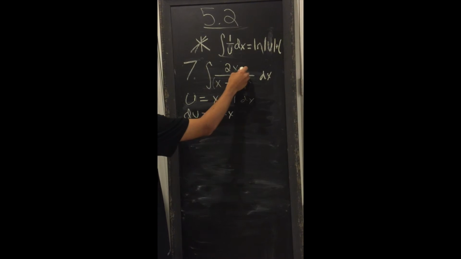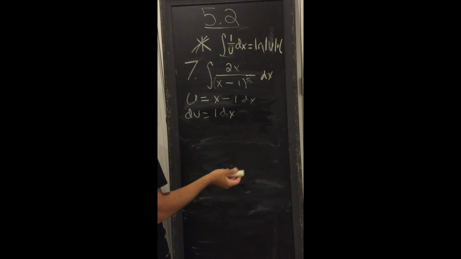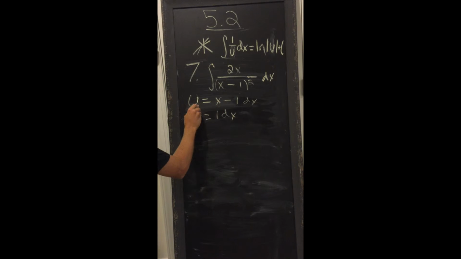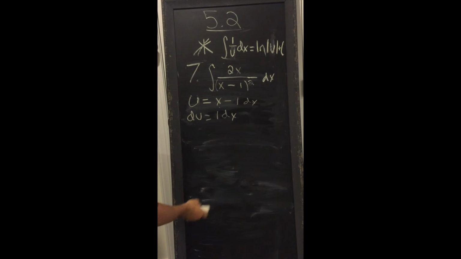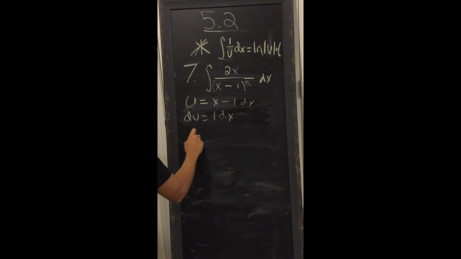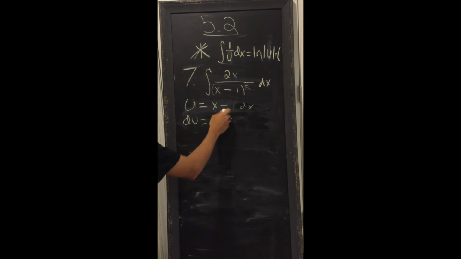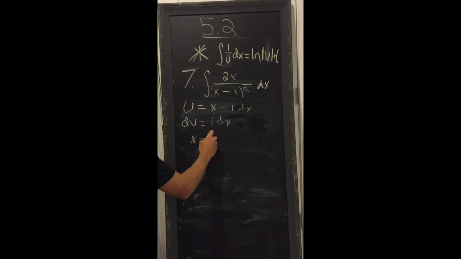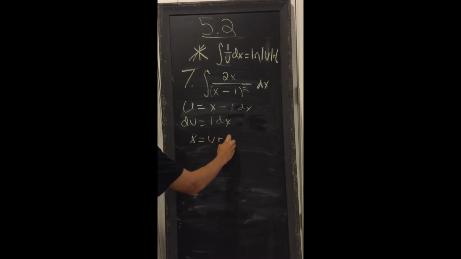Since we still have 2x left over, we're going to have to use the change of variables rule, where we solve for x so we can plug it in for the 2x up top. We're going to add a 1 to u, so x is going to be equal to u plus 1.